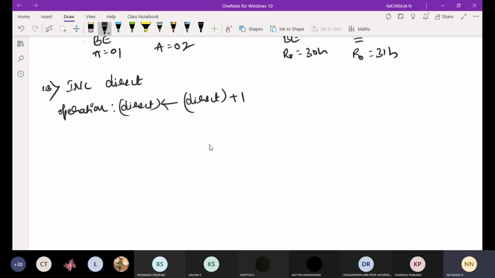None of the flags is affected. Example: if I take increment 40H, before execution the data at the 40H location is 1. After execution, the data at the 40H location will be incremented.